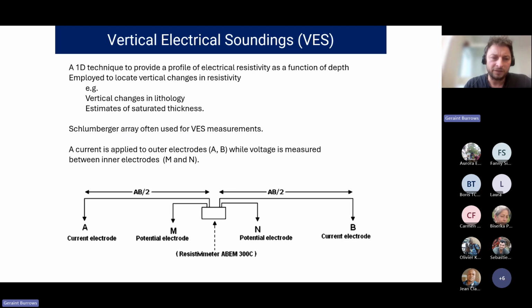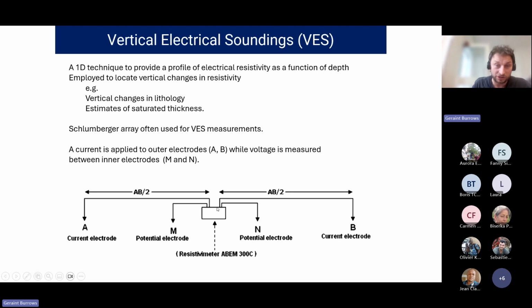So the difference between the constant separation traverse and the vertical electrical sounding is that instead of trying to see the lateral variation in resistivity, with the vertical electrical sounding we're looking to get a depth sounding in effect. So we're looking to see what the changes in resistivity might be with depth.